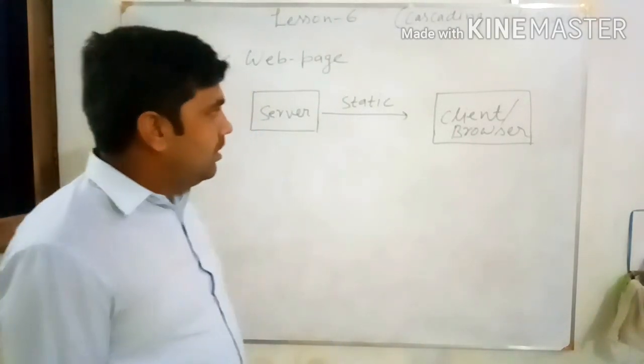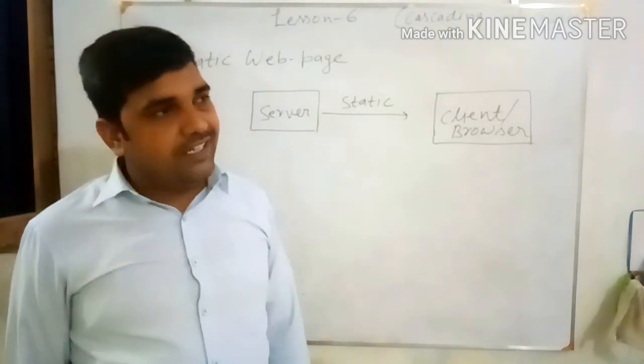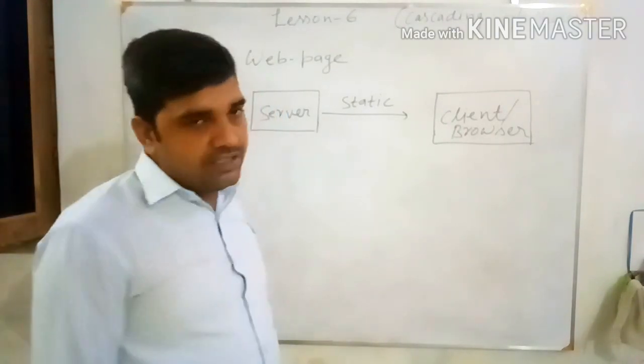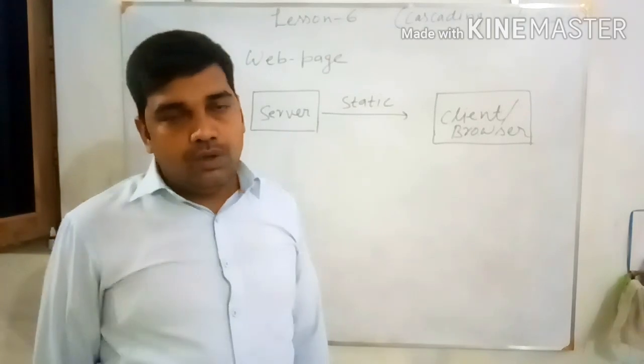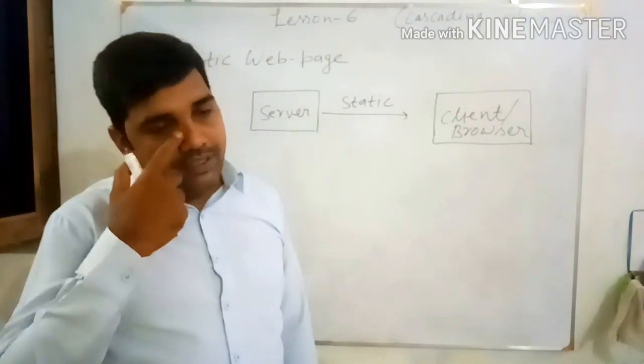Now how the web page is presented on the screen, like its background color and its text and its images, means all the elements or features which we are controlling.